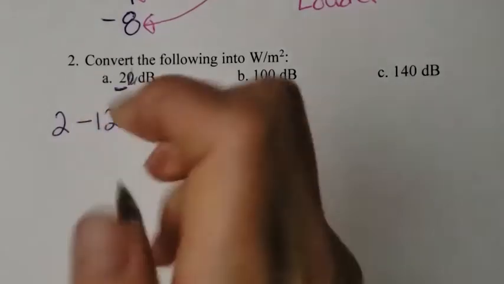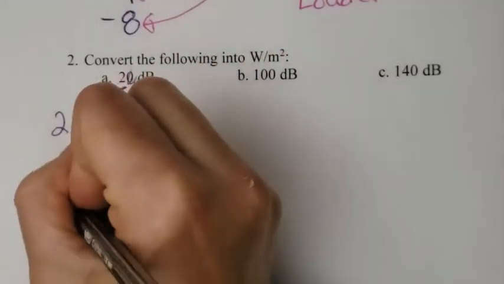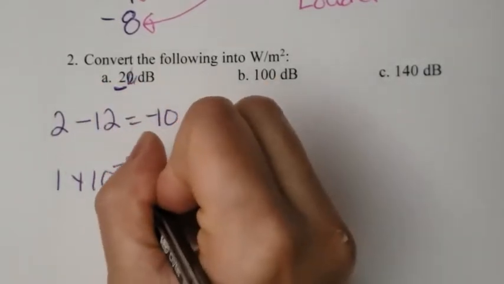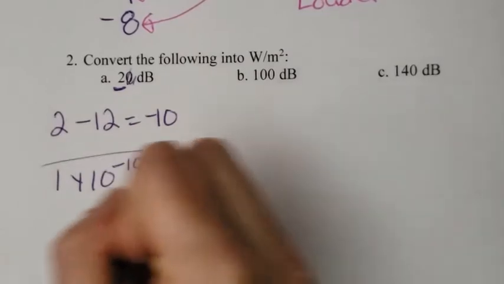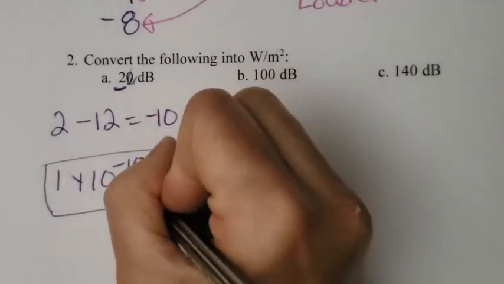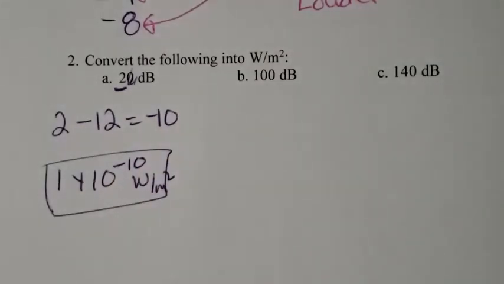We're always going to subtract 12. That gives me negative 10. So it's simply 1 times 10 to the negative 10. 20 decibels is the same as 1 times 10 to the negative 10 watts per meter squared.